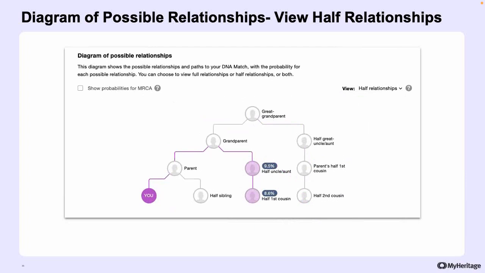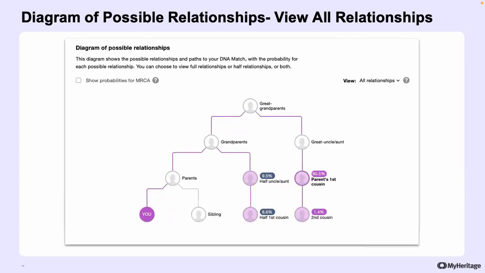So once I change it to half relationships, I can see these options on the tree. And remember, half relationship means we only share one common ancestor. So if Samuel was my half uncle, in that case, we only have one grandparent. Now, again, it's blurred, but I can also see all types of relationships here.